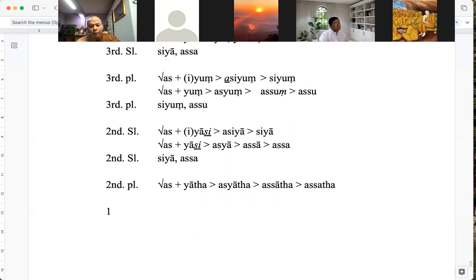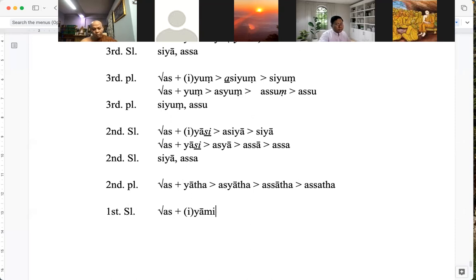Now, first person singular. So root as, the past form is yami.